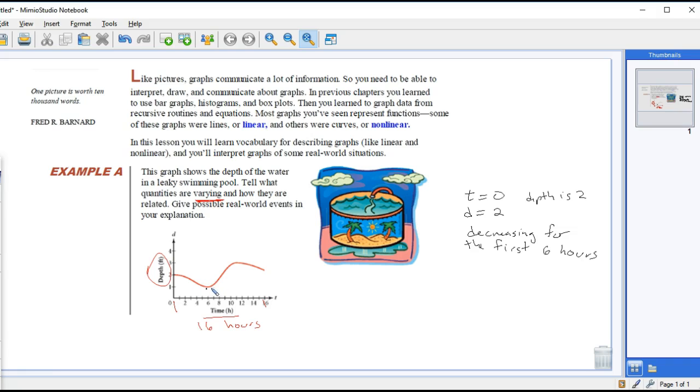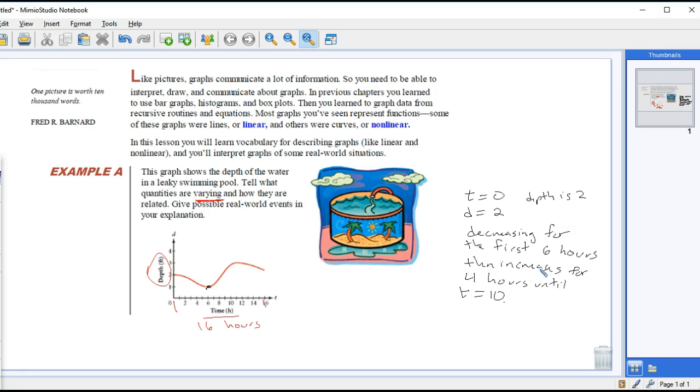And then it increases for the next 4 hours until t equals 10. At 6 hours it was at 1, and at 10 it's up to 3.